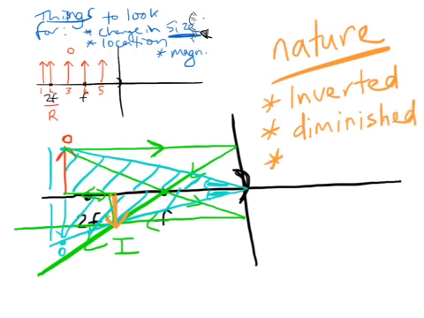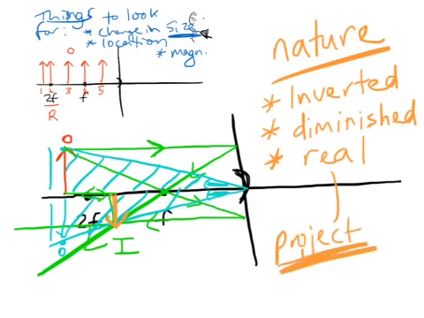This is made up of real light rays that are reflected. There's no dotted rays to show where it might have come from. Our image is actually there, so it's real. What real means is that we could project that on a screen, whereas a virtual one you can't, because there are no light rays to actually make a real image.